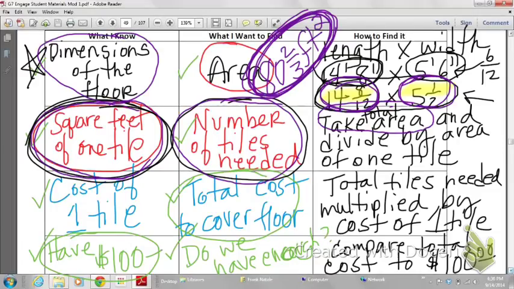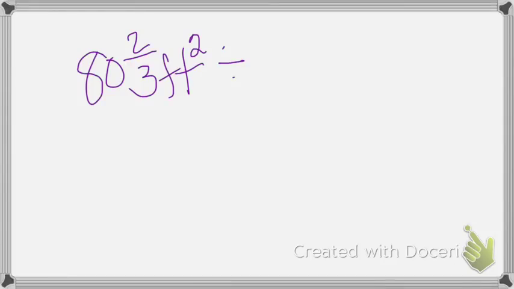Remember, always have to have units. I'm so sorry, I forgot that. That is a big no-no. Okay, 80 and 2 thirds feet squared. Very, very important. I forgot my unit. I'm so sorry. So 80 and 2 thirds square feet divided by 4 and 2 thirds square feet.